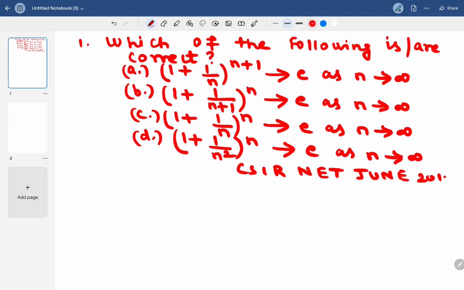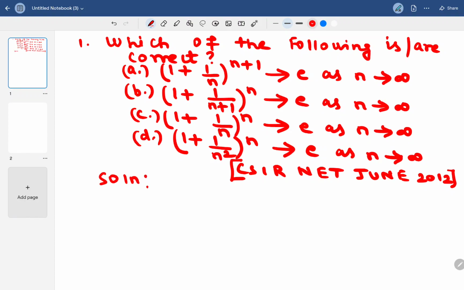It is from part C. In part C, one option or more than one option must be correct. We have to check all the options, whether option A is correct or option B or option C or option D. The first option is given: (1 plus 1 by n) power n plus 1 tends to e as n tends to infinity.